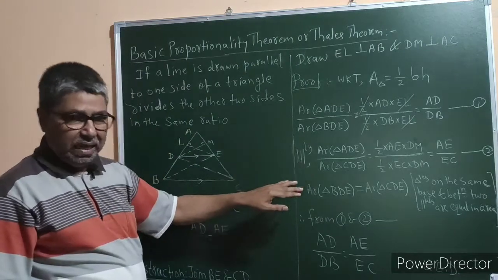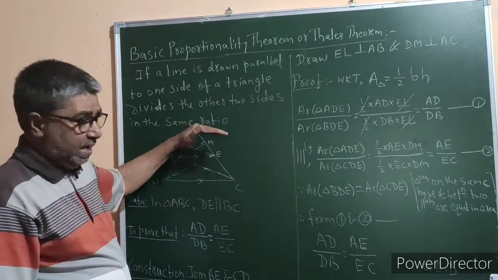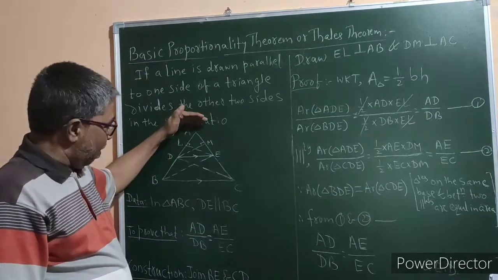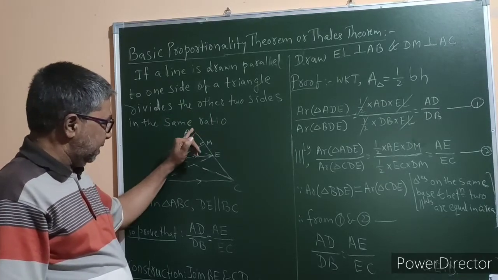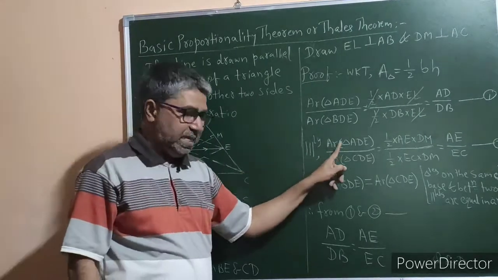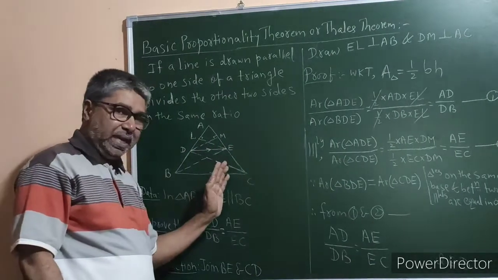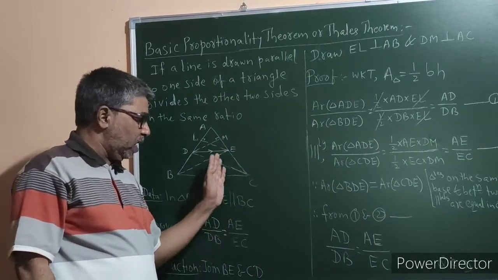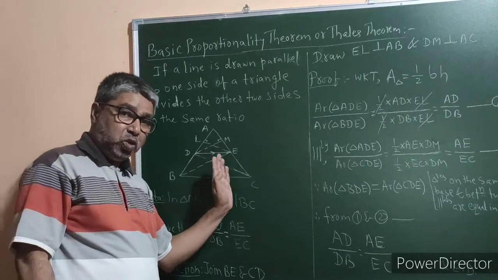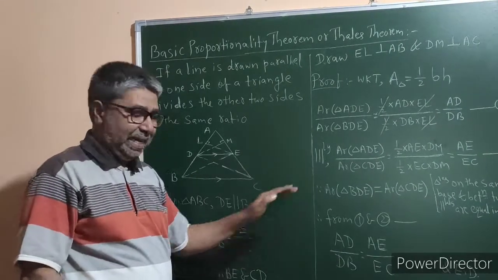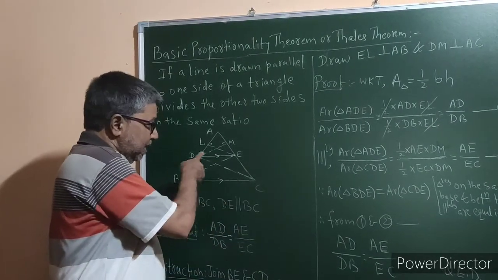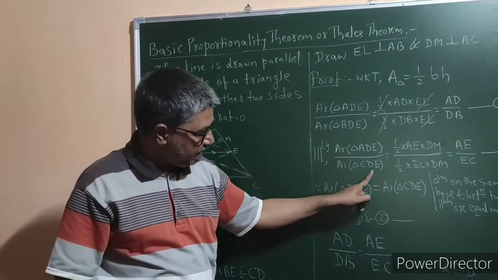Now similarly, in the numerator write once again the same upper part of triangle ABC, that is area of triangle ADE, upon, in the denominator this time, the lower part towards the right side, that is area of triangle CDE.